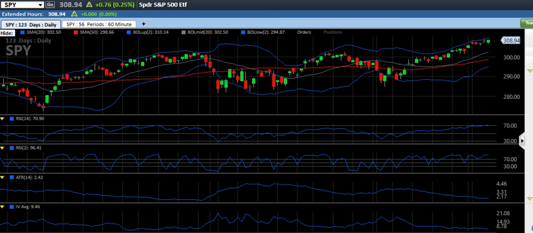A lot of people refer to volatility as the fear index. Anytime volatility goes up, there is higher volatility in the market, meaning that prices fluctuate more. When volatility is down, there's less volatility in the market.